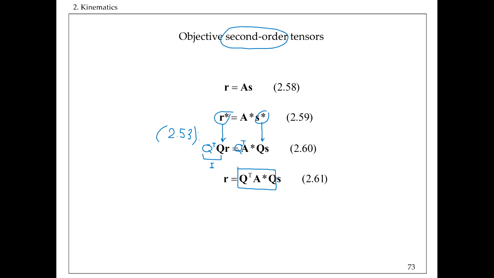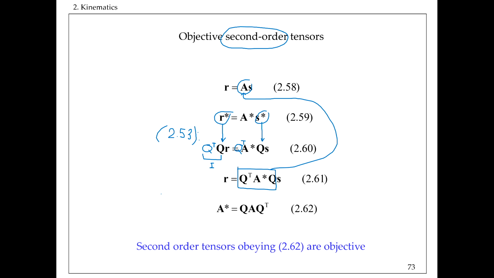Now we also note that initially in 248 that was our A. So if R and S are still objective, the A that maps them will be equal to this term, because that's exactly what 258 says. We have R here, S multiplied by a second order tensor here, and this is the same second order tensor, so they must be the same.